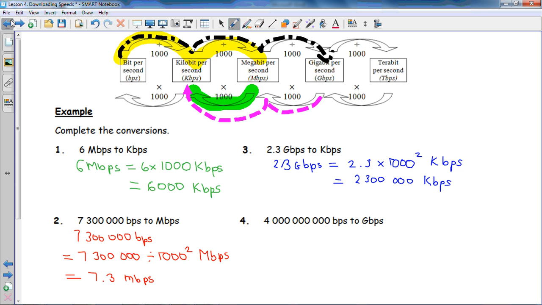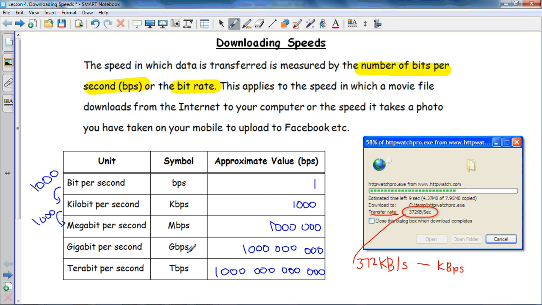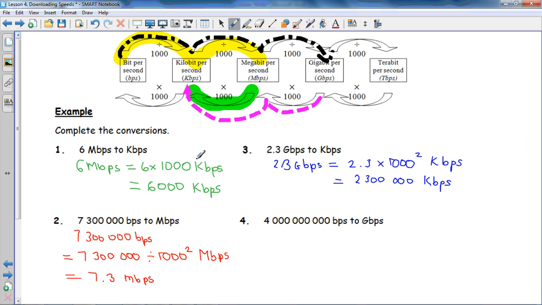Or back to our definition, we had that 1 gigabit is 1 million bits per second. So therefore, 4 million bits per second will be 4 gigabits per second. But you can write that out the long way by doing that divided by 1,000 to the power of 3, and you are going to get 4 gigabits per second.